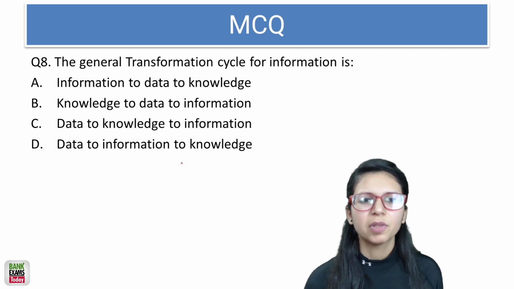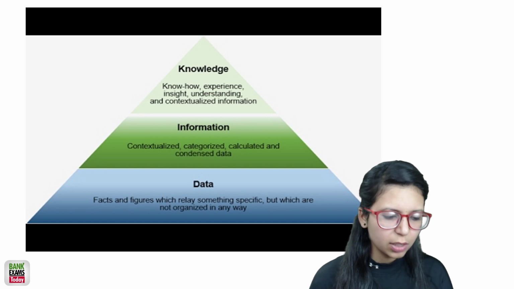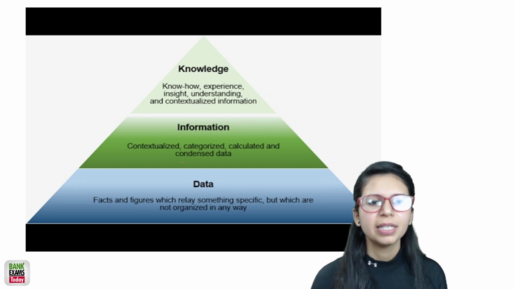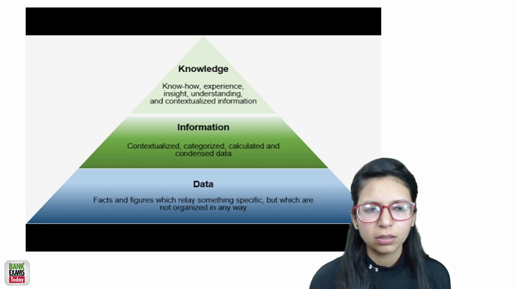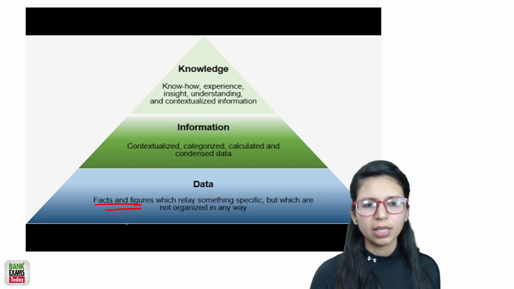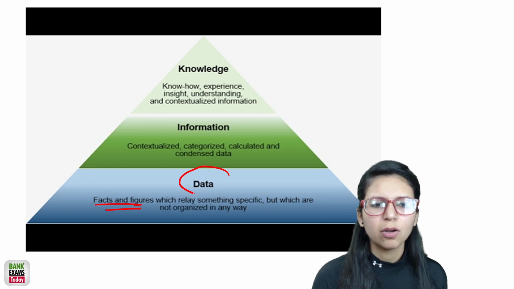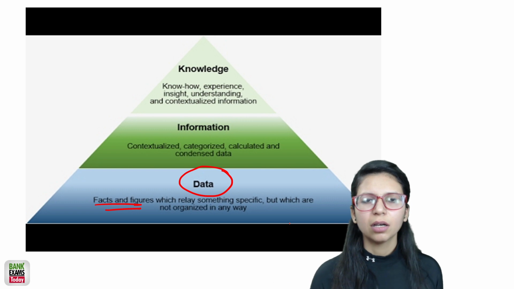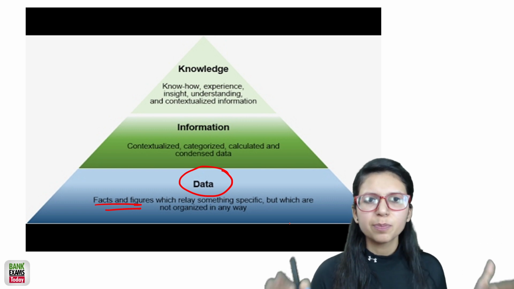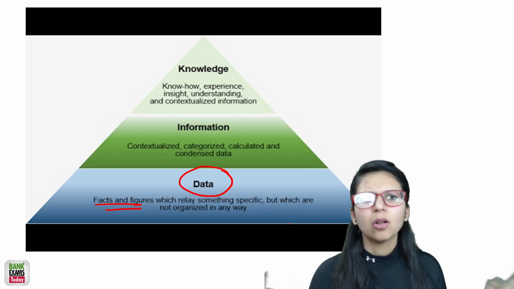So what is the transformation cycle? Now you all must be knowing. If not, let me tell you. First we have some unorganized facts or figures, some unorganized data, which is basically called data, right? Facts and figures for some specific topic, which are not at all organized.